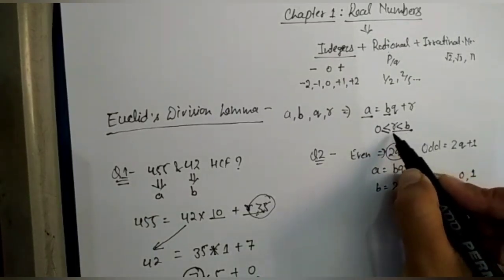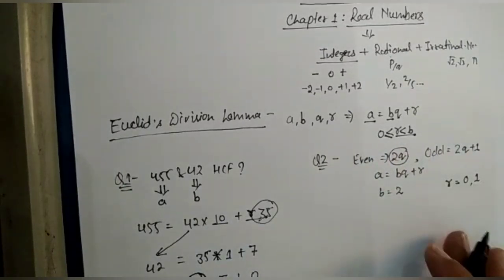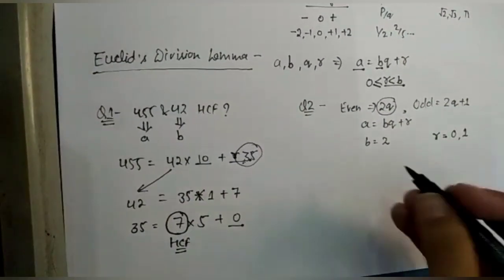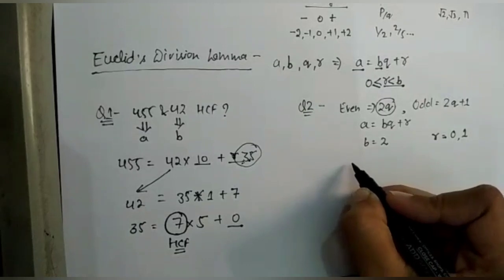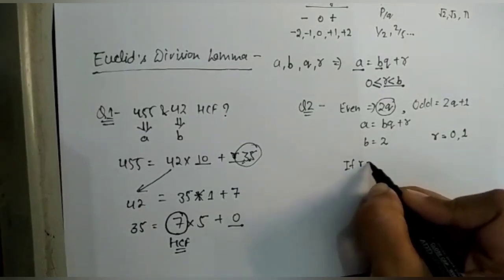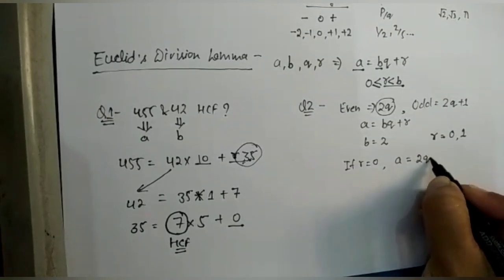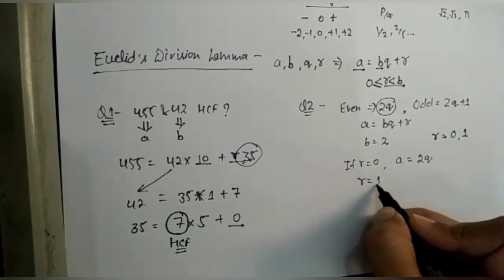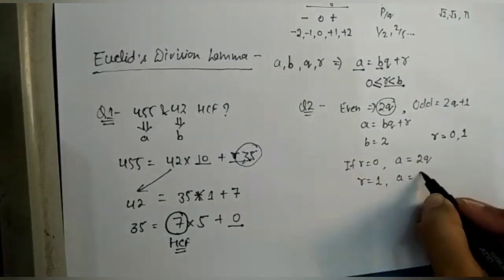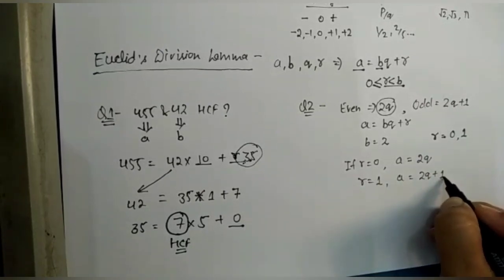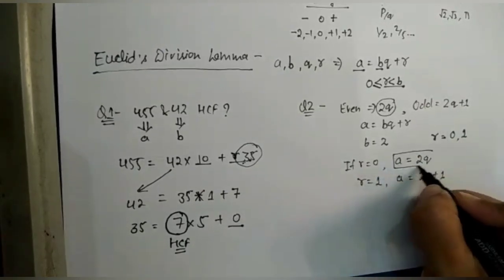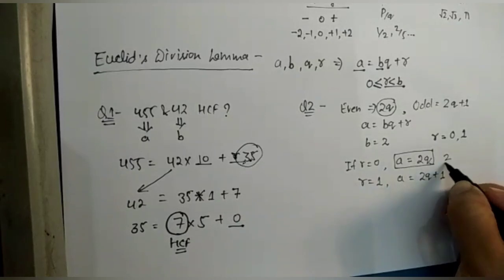R cannot be equal to b. So here we have two values of r. Now if r is equal to 0, then a is equal to 2q. If r is equal to 1, then a is equal to 2q plus 1. This is divisible by 2, right?